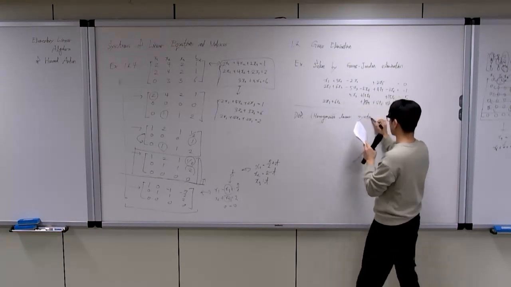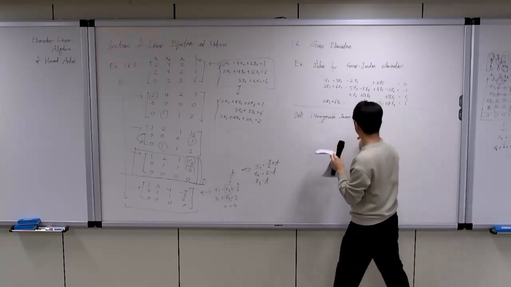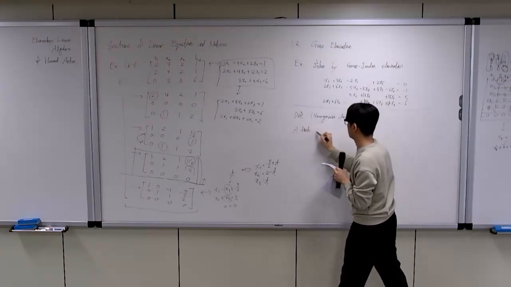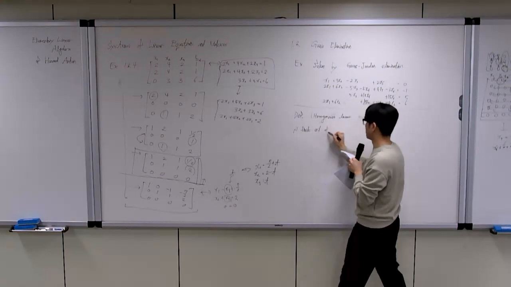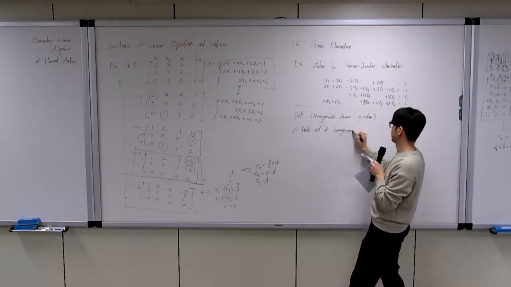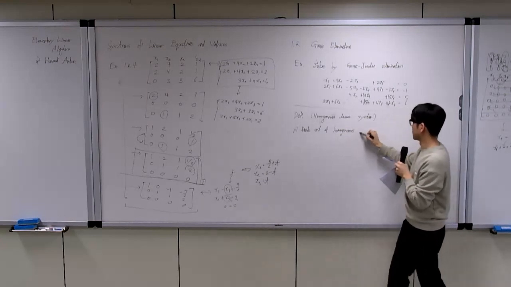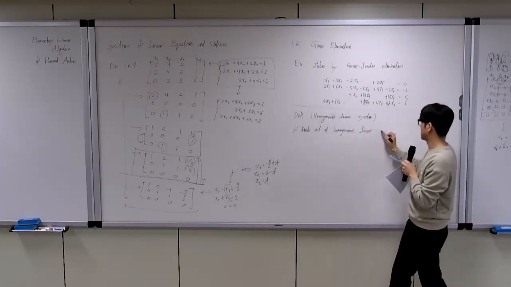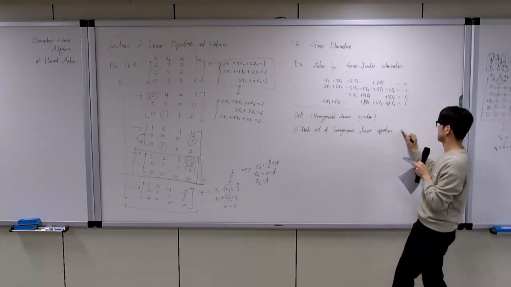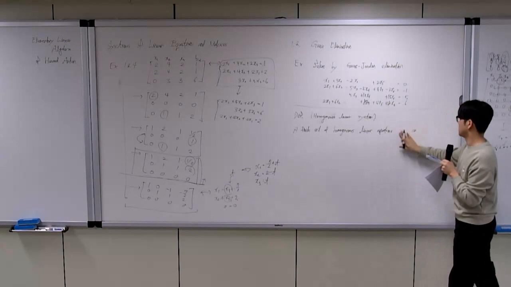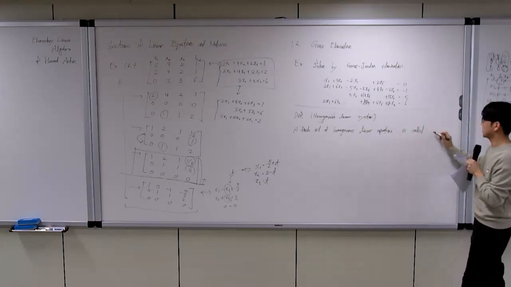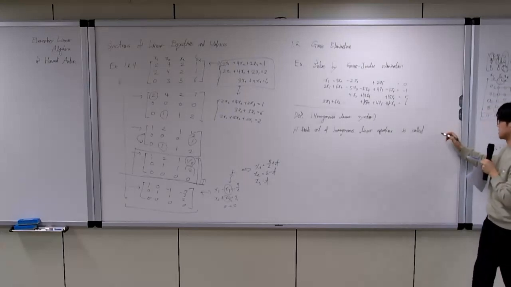It is also a finite set of homogeneous linear equations, called a homogeneous linear system.